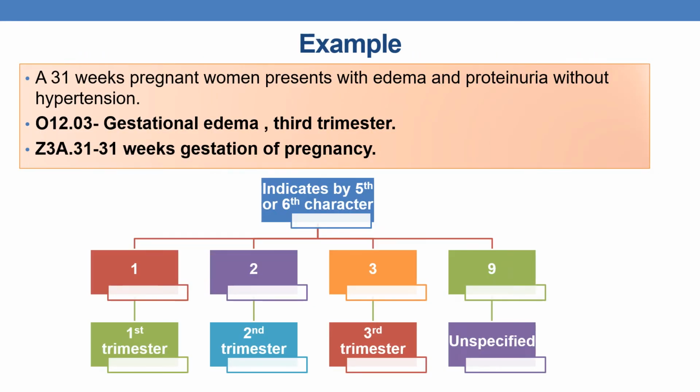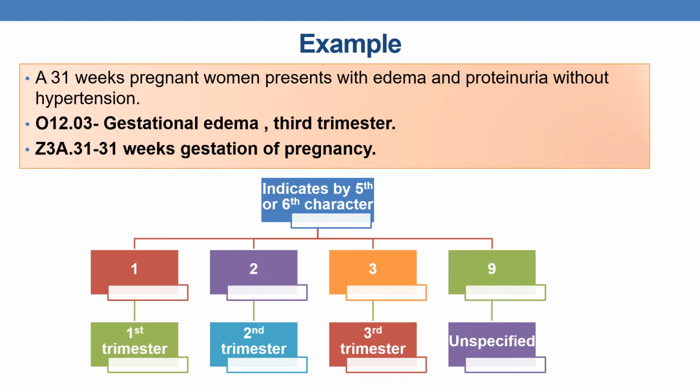Now let us see an example where the trimester component is inbuilt. A 31-week pregnant woman presents with edema and proteinuria without hypertension. Here weeks of gestation are 31 weeks. So the patient is in third trimester because third trimester starts from 28 weeks 0 days until the delivery.